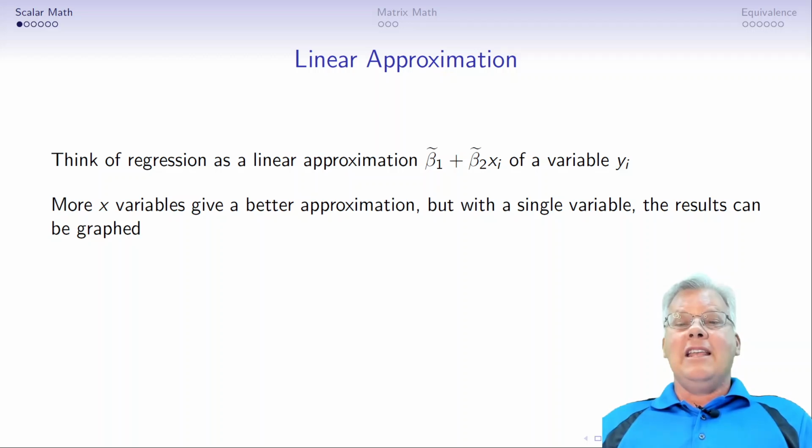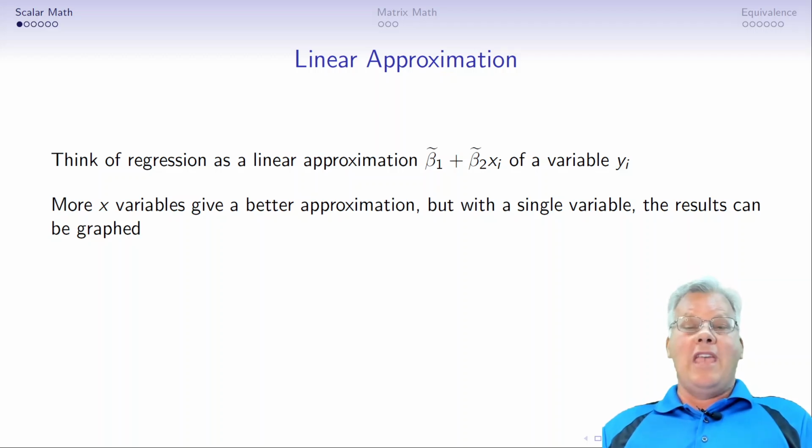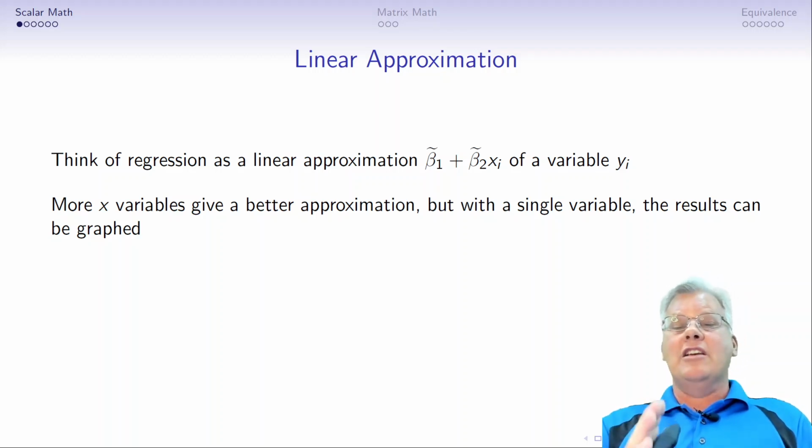we will begin considering regression as nothing more than a linear approximation of some variable y sub i. So we have a value y that we're going to, in essence, draw a tangency, right?